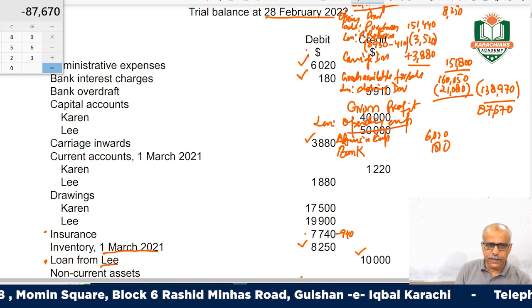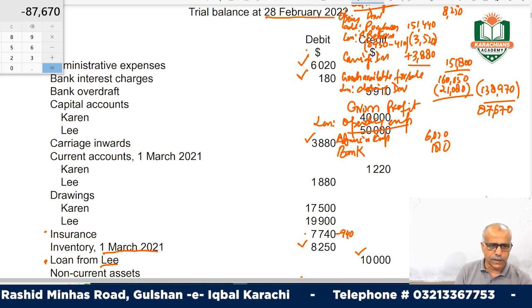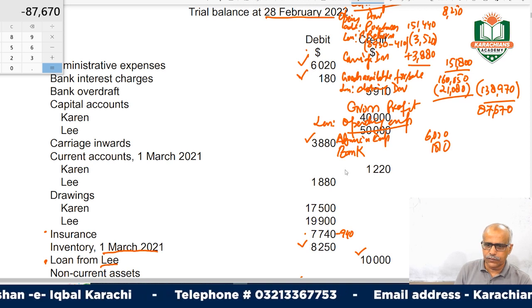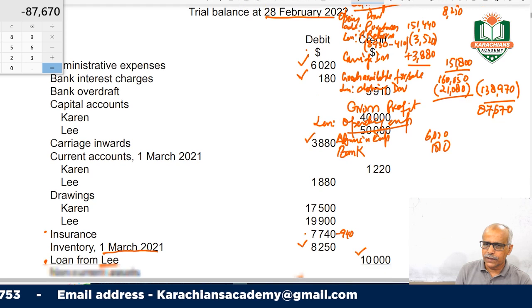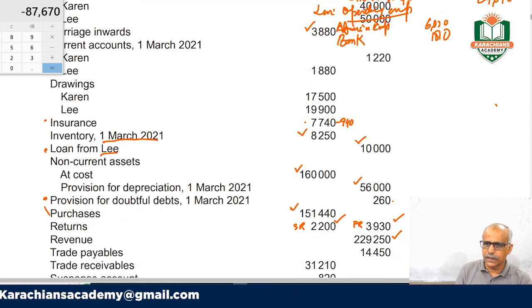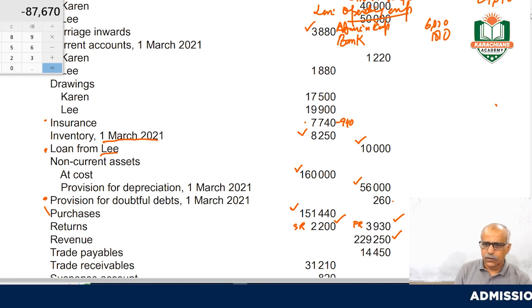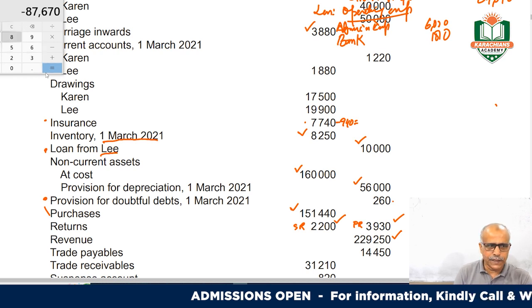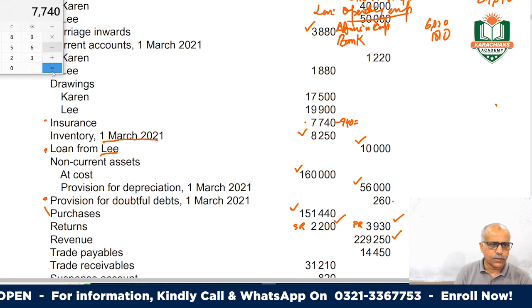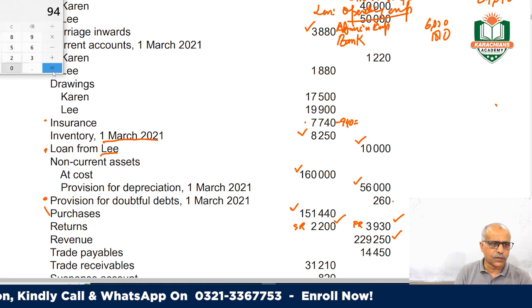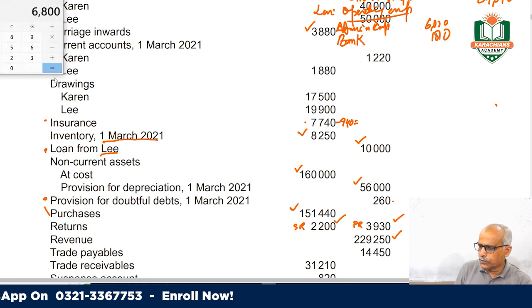After that, carriage inward, we have done with carriage inward. Current account, okay, leave it. These expenses we have already taken. Then insurance. How much would insurance be? 7,740 minus 940, so your insurance expense will be 6,800.